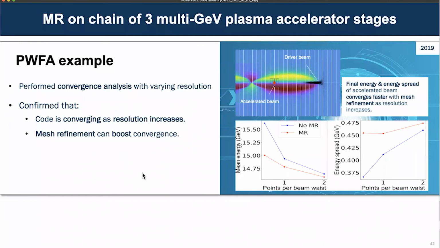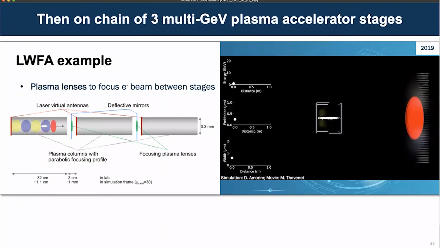And you see here one example, again using beam-driven, but this time using a refinement patch around the witness beam, and verifying again that, this time both on the mean energy and on the energy spread, the mesh refined results were converging faster than the similar simulation without mesh refinement. So again, indication that mesh refinement can be used to boost convergence.